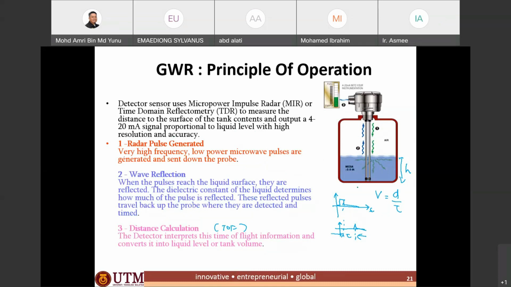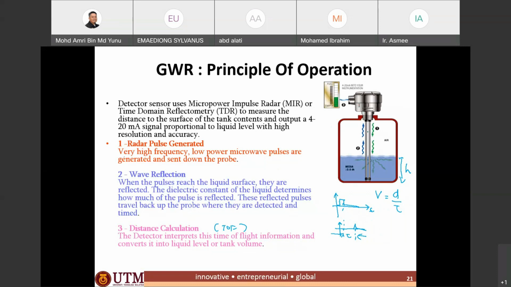The set will measure how much the pulse is reflected, and then this pulse will travel back to the receiver, and then the time delay will be estimated.